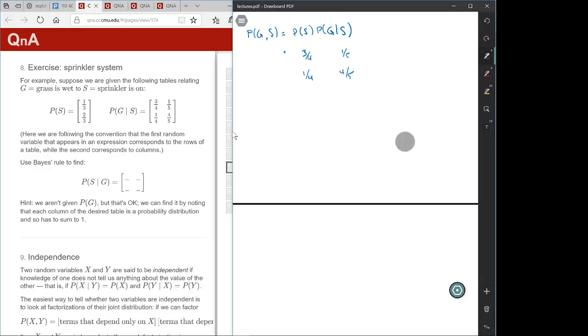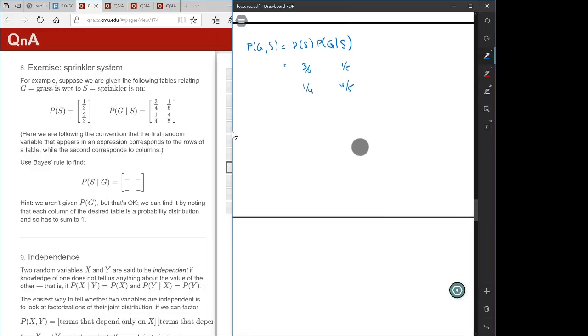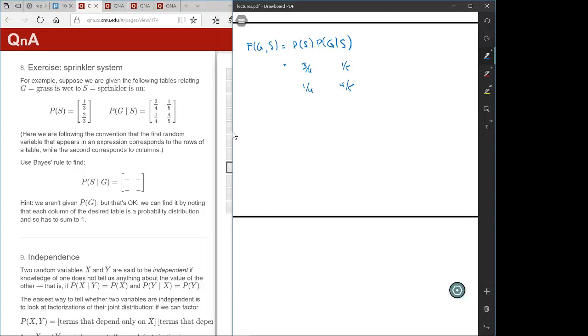So here, just to keep things clear, we'll label the dimensions. So on this table, G is that dimension, and S is that dimension, right?